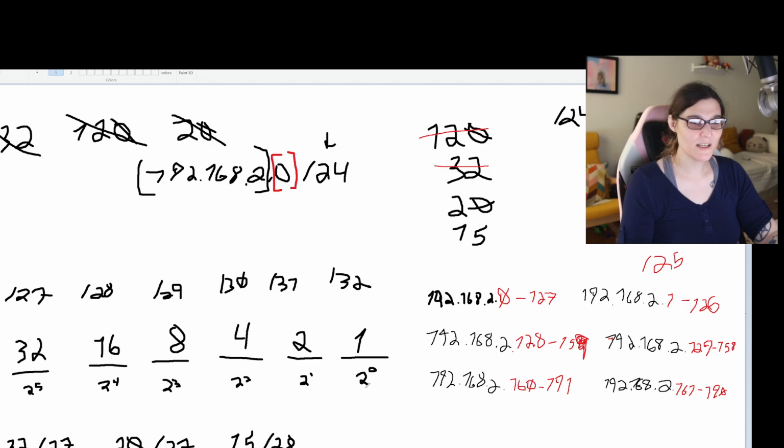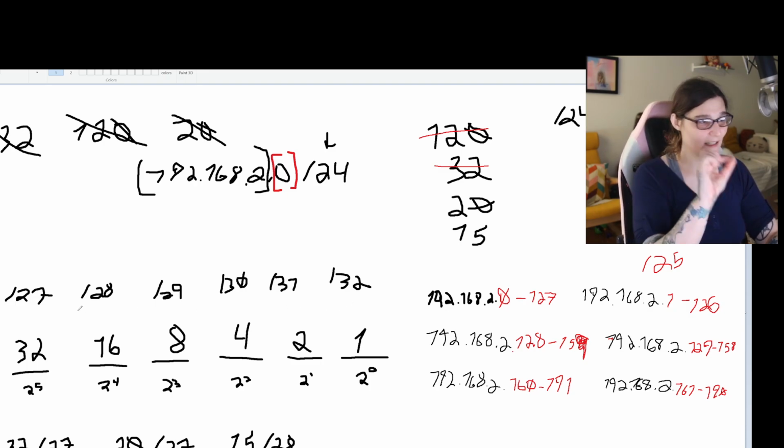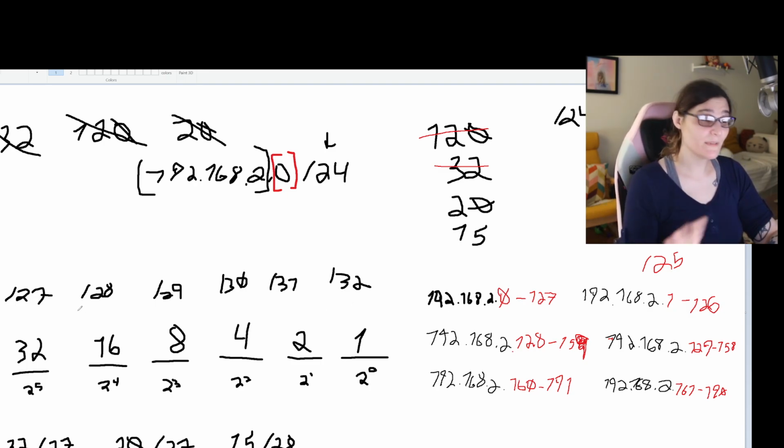So if you associate 2 to the 0th with 1 and 32, you can figure out the rest of these going up that way, right? So you'll count down 32, 31, 30, 29, and going up 1, 2, 4, 8, 16, right? If you memorize that and jot that down at the top of your paper, you'll be fine going forward as long as you understand this method of what we're doing over here.